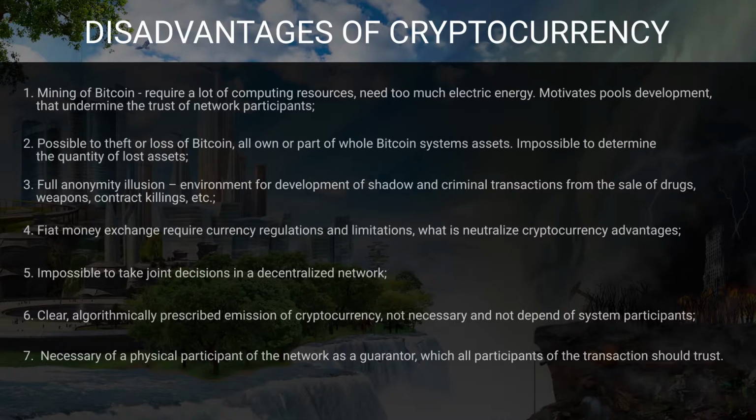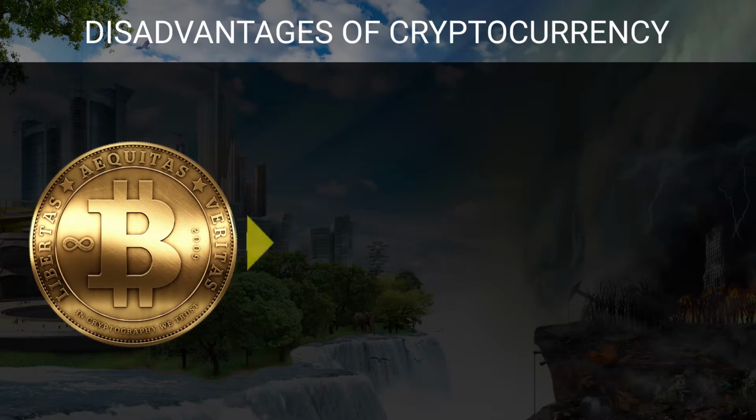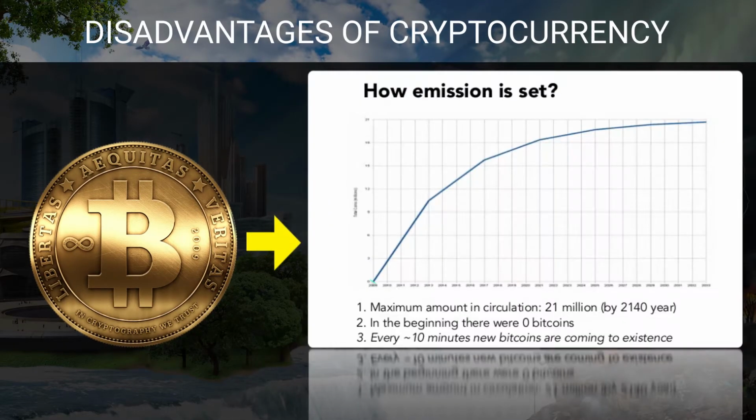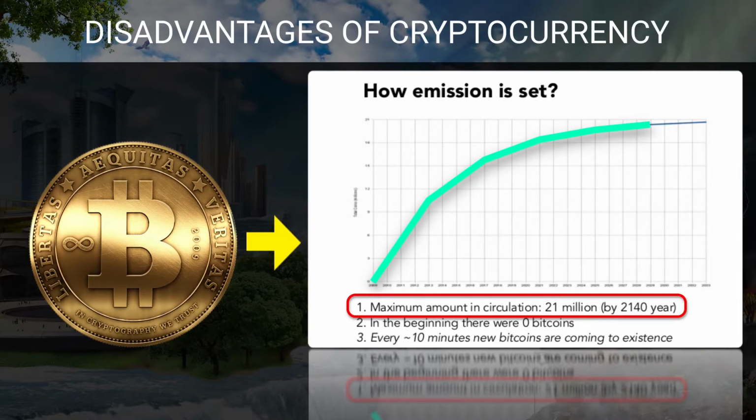One more cryptocurrency disadvantage is the clear, algorithmically prescribed emission of cryptocurrency, which does not depend on system participants. As I mentioned before, Bitcoin system emission is based on an algorithm. Emission is attached to the block quantity in a blockchain system. After a certain quantity of blocks, the emission process is halved, and it will decrease until the system fully stops in the year 2140.